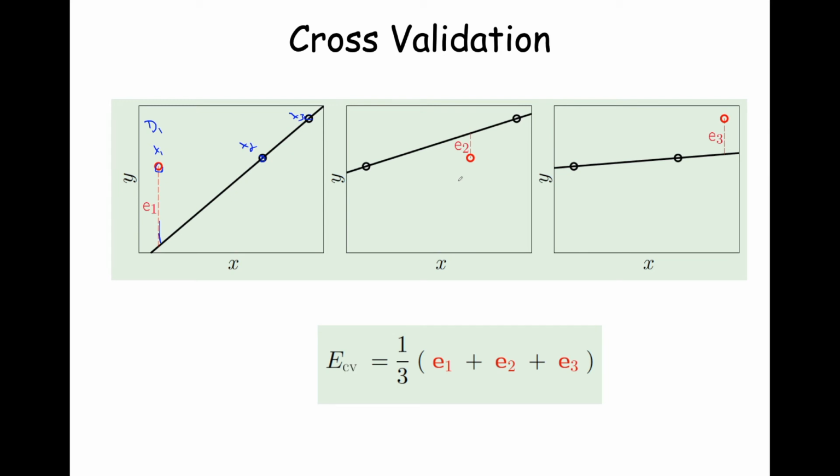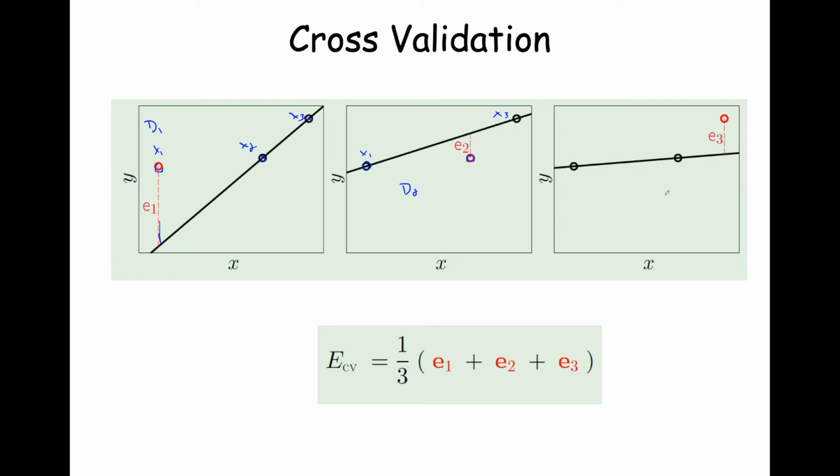Now here, this is D2, right? D2 consists of this data point, the first one, X1, and the third data point, X3. And when we train on D2, we're training on X1, X3, we get the following linear fit. And then when we compute validation error, e_val, it's based on this validation set that just contains the second data point.